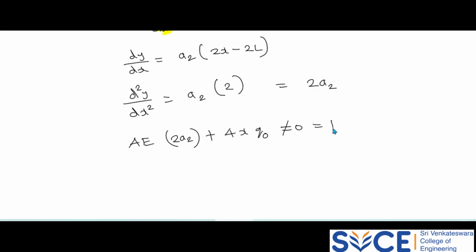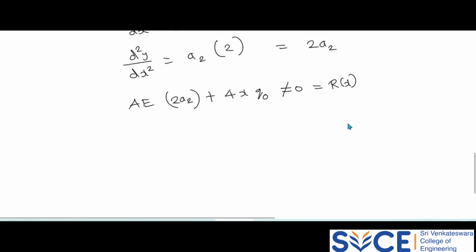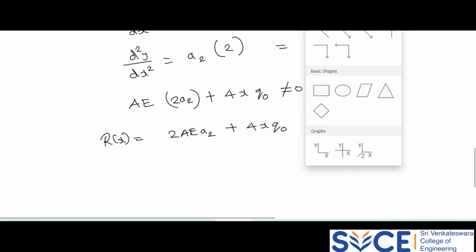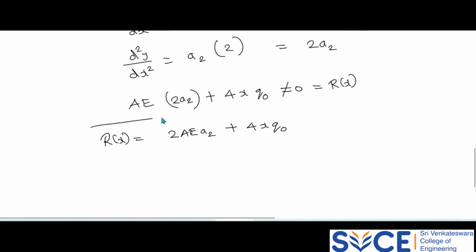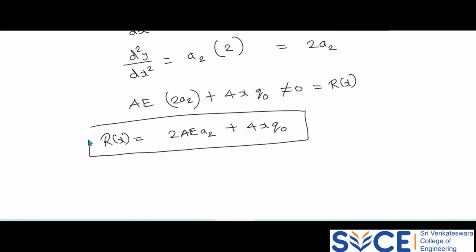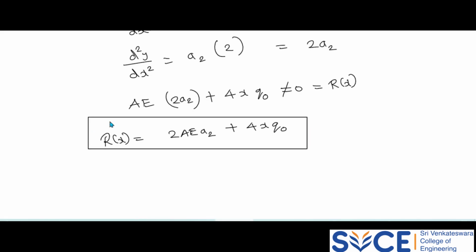We call this the residual R of x. So now I identify what my R of x is. My R of x is 2AE a2 plus 4x q naught. This is my R of x.